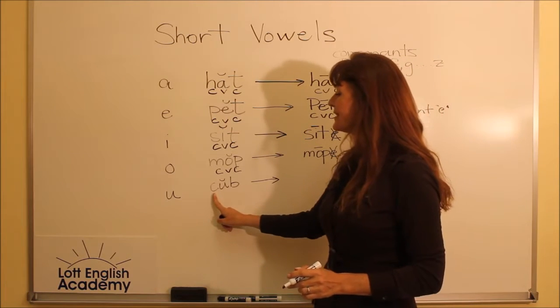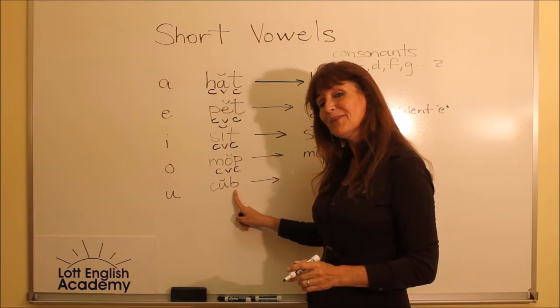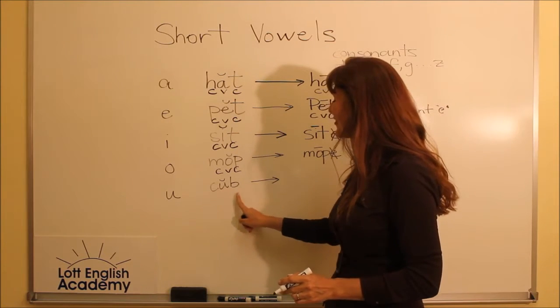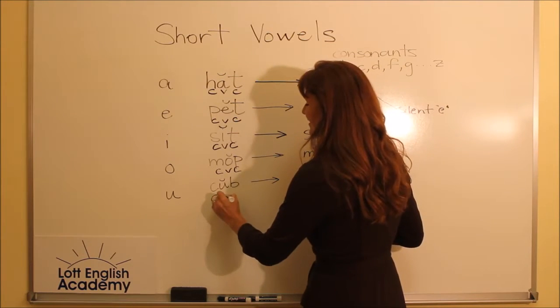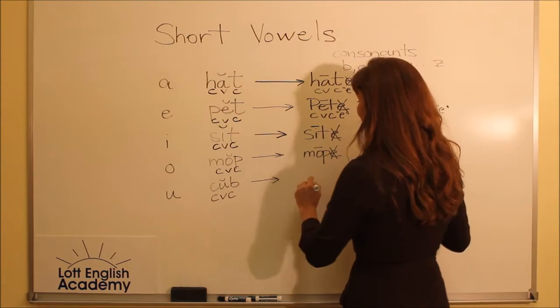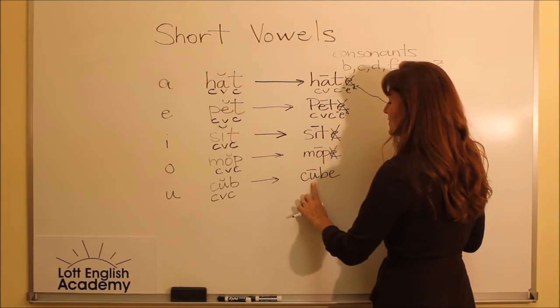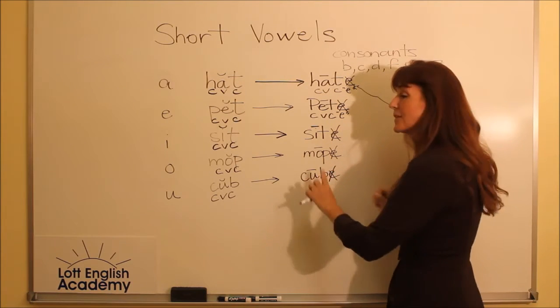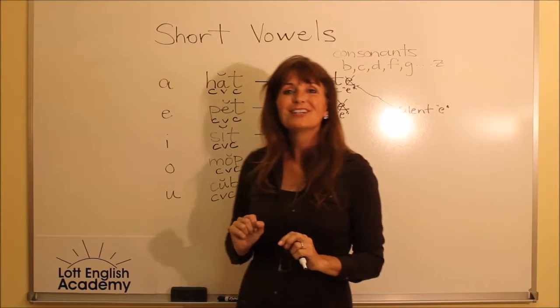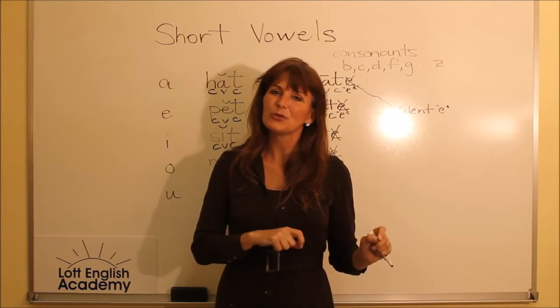The last example that we're going to look at for today is cub, consonant, vowel, consonant, short U sound. But when we add the silent E to the end, it becomes cube, cube. Cub changes to cube.